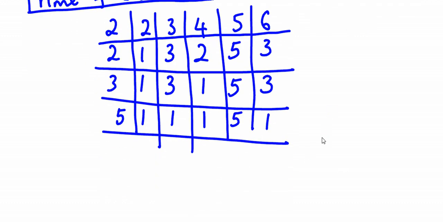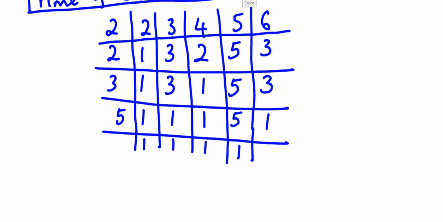Make the borders clearly. 1 divided by 5 leaves a remainder, copy and paste 1, copy and paste 1, copy and paste 1, but 5 divided by 5 equals 1. So when you get everything equal to 1, then you stop.